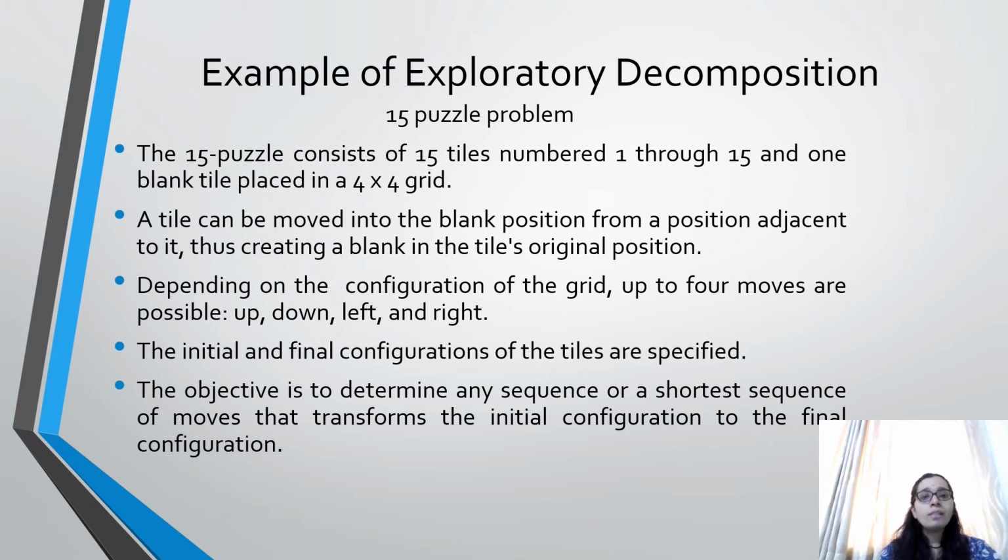So to summarize, the 15 puzzle problem will have the tiles numbered from 1 to 15. There will be one initial configuration and one final configuration. And among these tiles, one tile will be blank, and that blank tile will be used to move up, down, left and right to get the final configuration. So let us see one example.